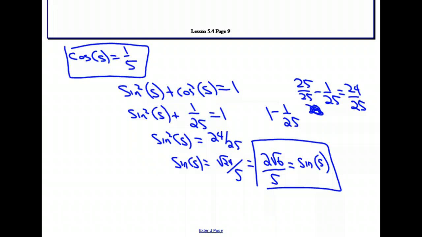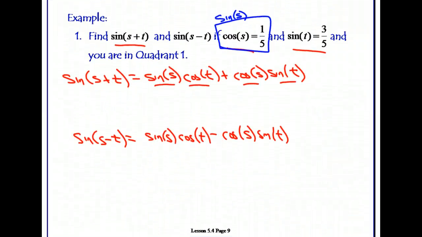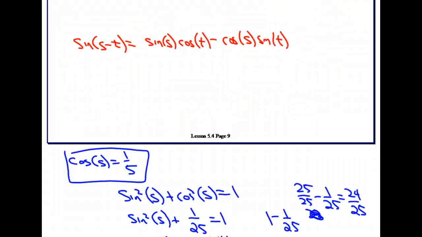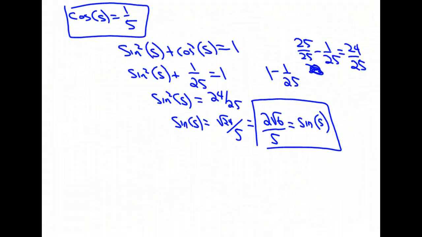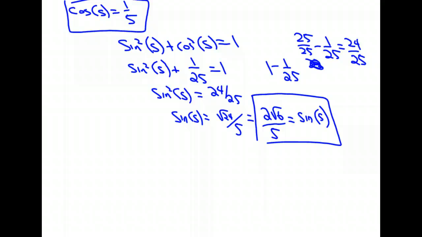So we scroll back up here and say, oh, wait a minute. They gave us the sine of t. Couldn't I find the cosine of t? Let's do it in the same manner. So sine of t is 3/5. We'll come down here. Now I've got the angle t.